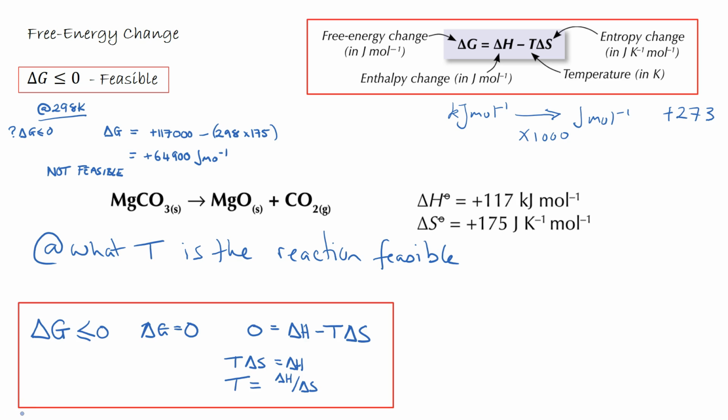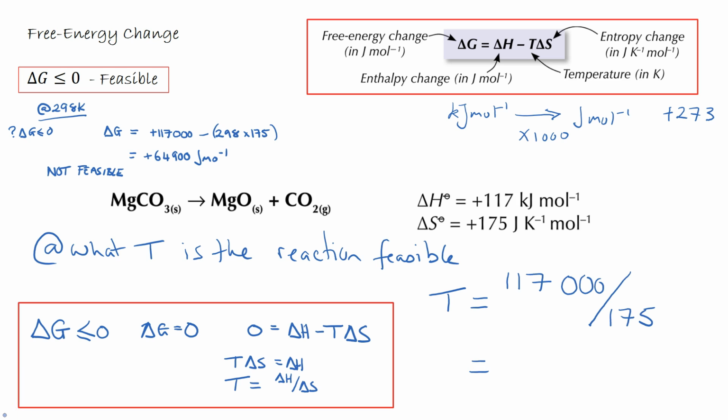Now what we can do is use the data that we've got from our question here to calculate the temperature. And so we have the temperature is equal to the enthalpy change, which is 117. Remember here that we have to convert this to joules per mole, so it's 117,000 over the entropy value, which is 175 joules per Kelvin per mole.